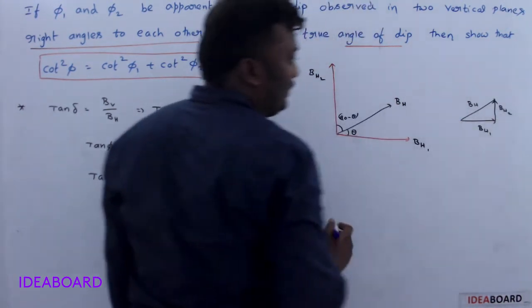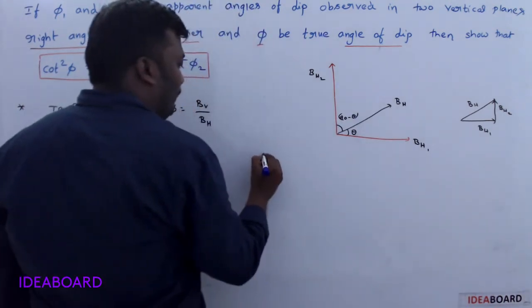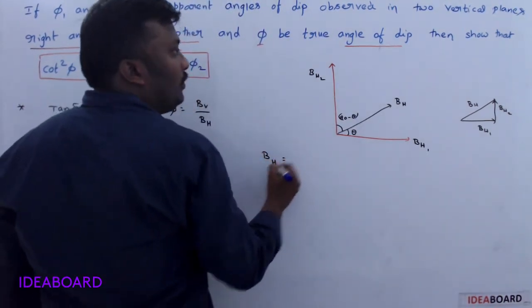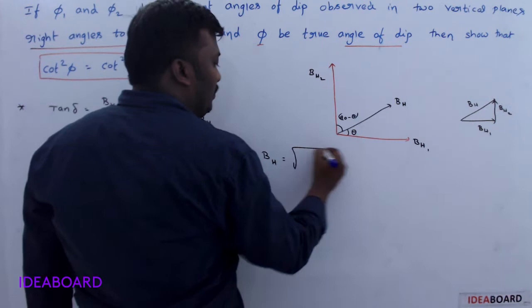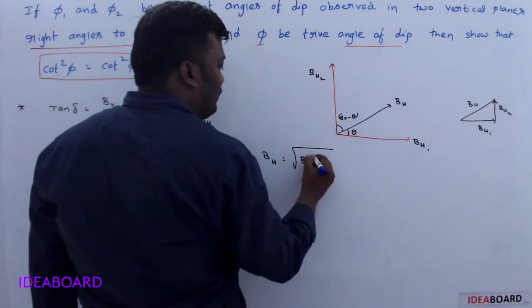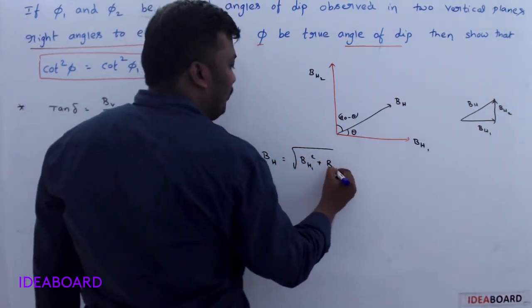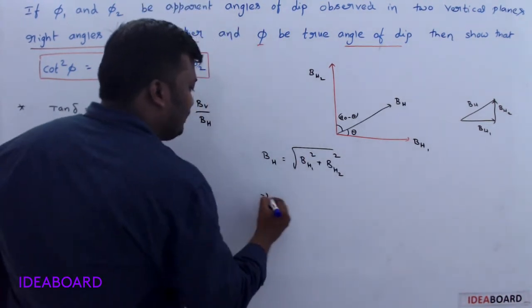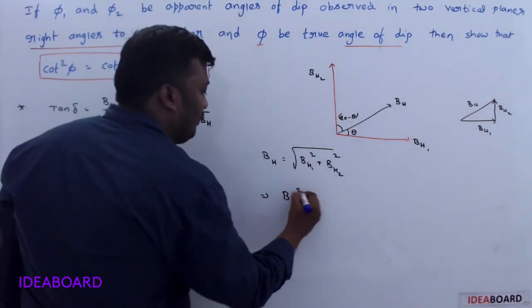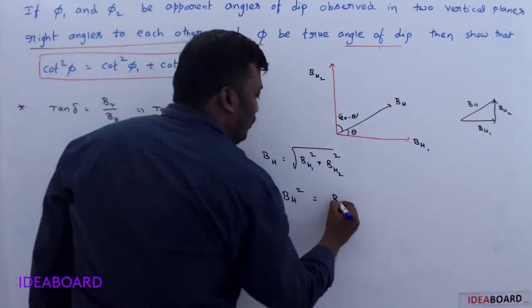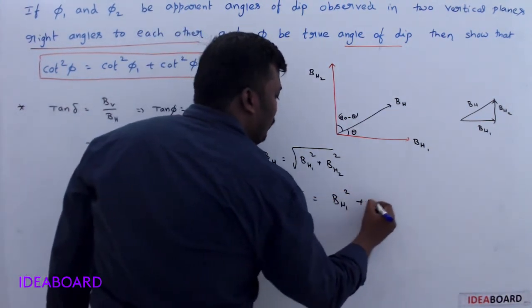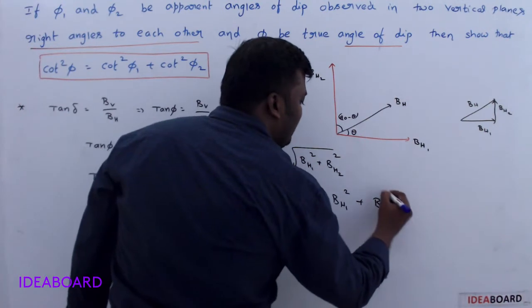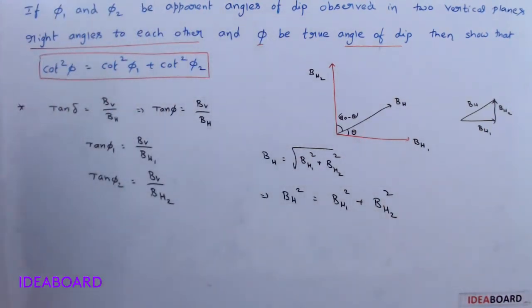From the Pythagoras theorem, BH is equal to under root BH1 square plus BH2 square. Squaring on both sides, BH square is equal to BH1 square plus BH2 square.